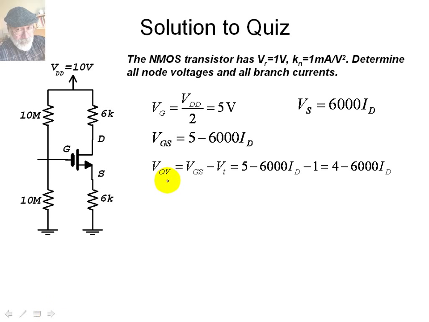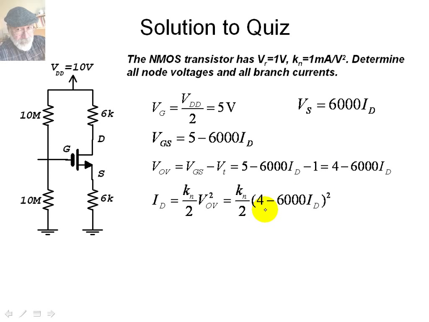The overdrive voltage is VGS minus VT, that is 1 volt. So that means 4 minus 6,000 times ID. Because we are assuming the transistor is in saturation, that is the point of this circuit, ID is given by the saturation formula as a dependence of VGS.